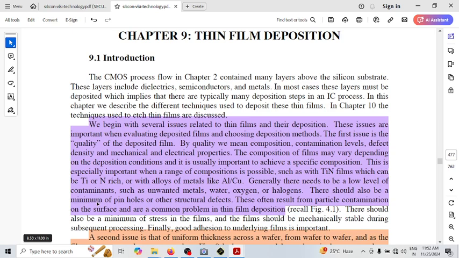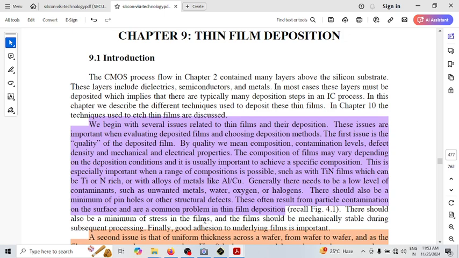There should also be a minimum number of pinholes or other structural defects to have a good thin film deposition. These often result from particle contamination on the surface and are a common problem in thin film depositions. So in thin film deposition, it is very common to have all these defects.